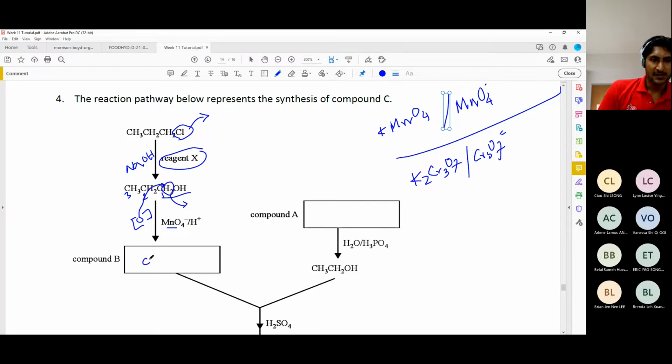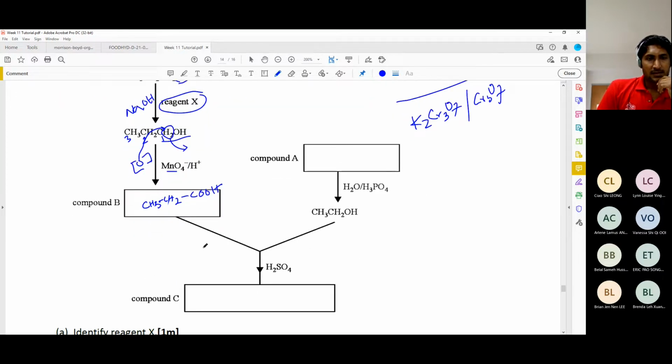So what will be produced is CH3, CH2, and COOH. So carboxylic acid is produced, right? All right, so this is compound B. Compound A, we do not know what compound A is, right?